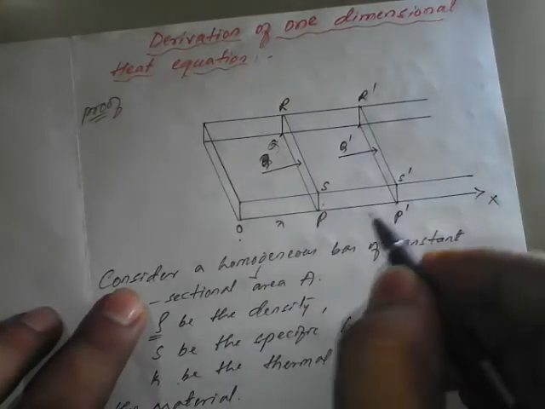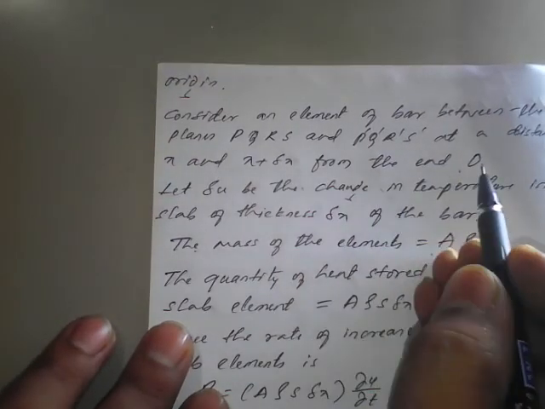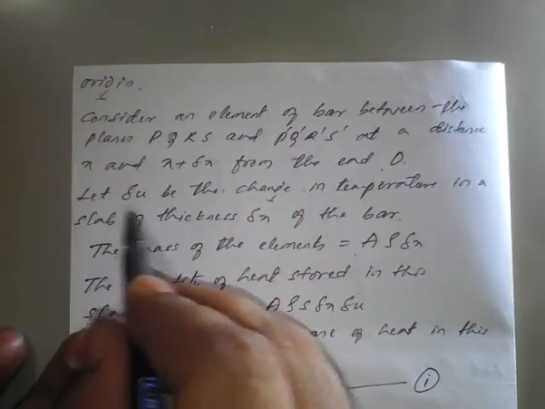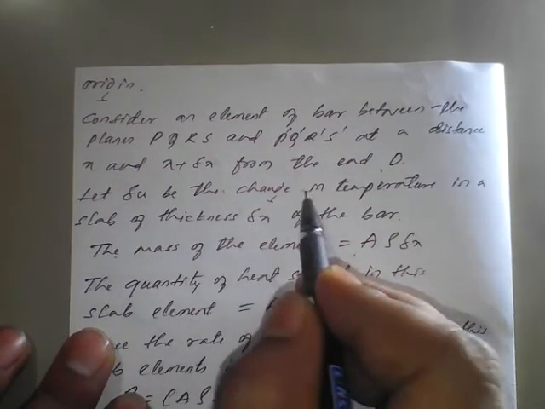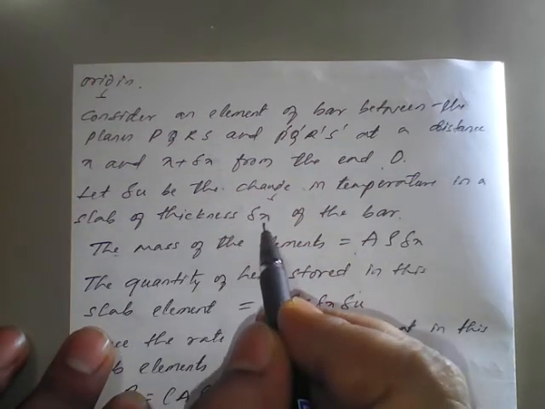So this rectangular element is one slab, and the other is the primed one. Let delta U be the change in the temperature in a slab of thickness delta x of the bar.